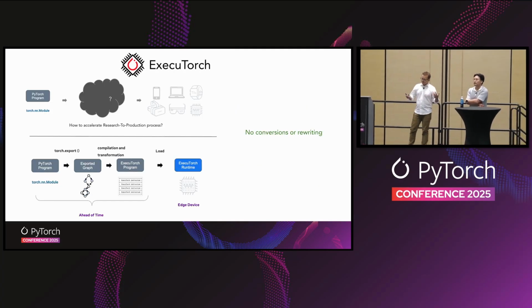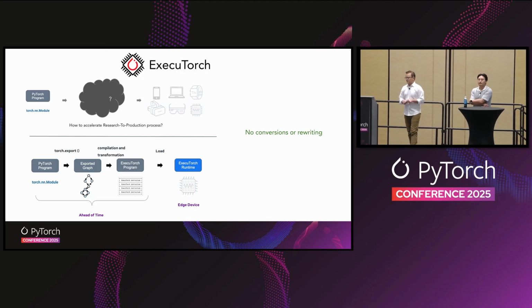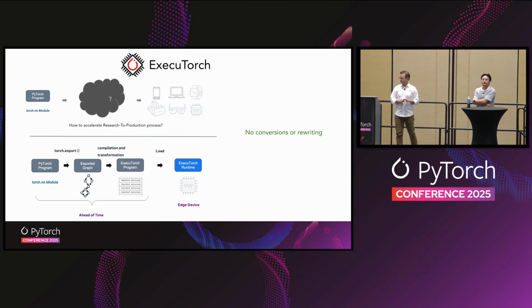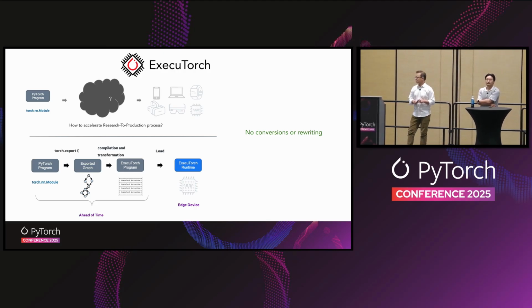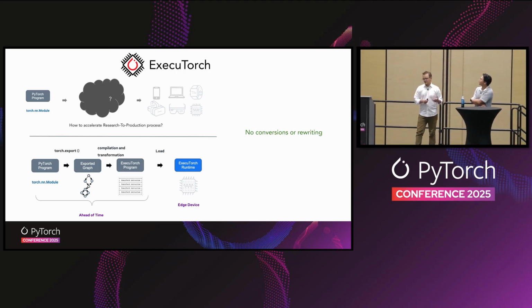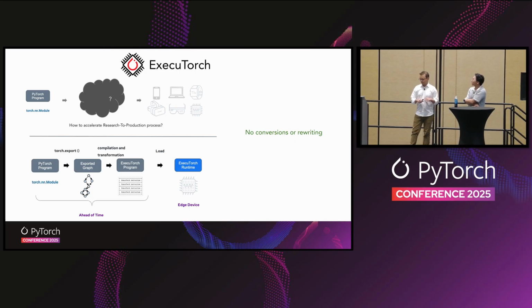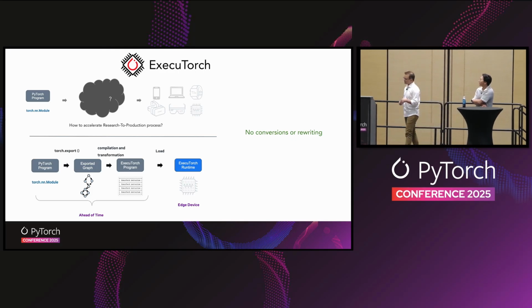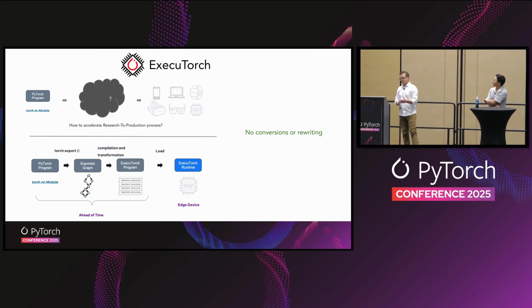To solve for those challenges, we built ExecuTorch from the ground up. With ExecuTorch, we're able to stay within the same PyTorch ecosystem, from authoring all the way to deployment.